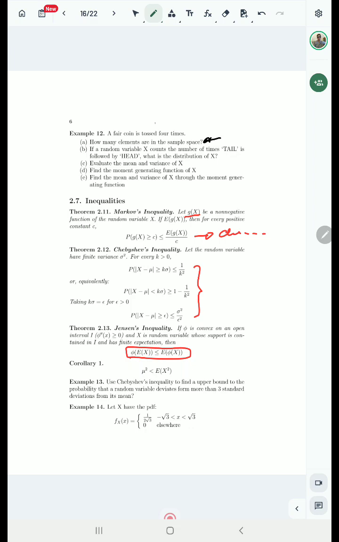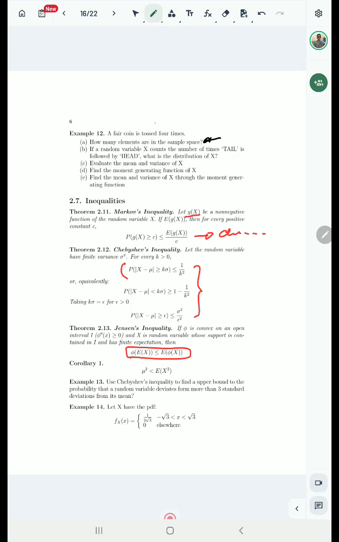Now let's look at example 13. We have to use Chebyshev's inequality to find an upper bound to the probability that a random variable deviates from its mean by more than 3 standard deviations. It's very easy. Instead of k here, we are going to plug in 3.